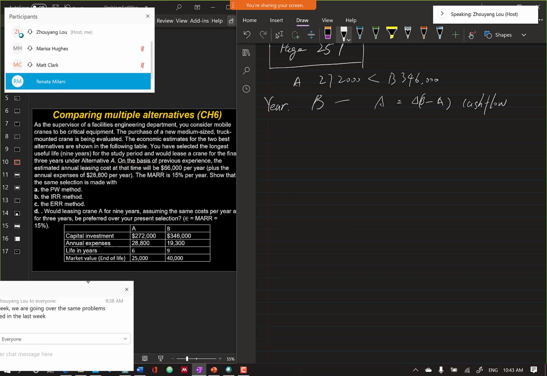So I don't draw the cash flow diagram here, and instead I'm going to use this table to show year by year, since that's not an annuity.